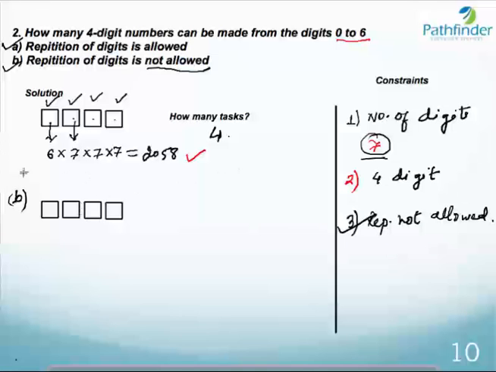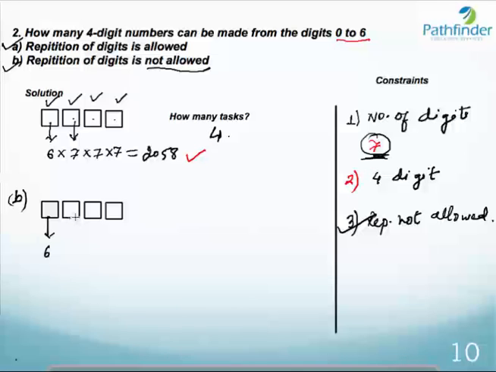So how many digits can be placed in the thousandth place? In the thousandth place, we can place all the digits except 0. So we can place a total of 6 digits in the thousandth place, which means that we have used up one of the available 7 digits. So how many digits are balanced?